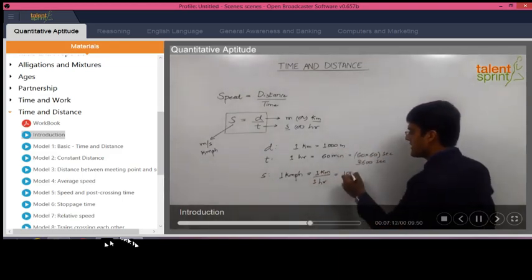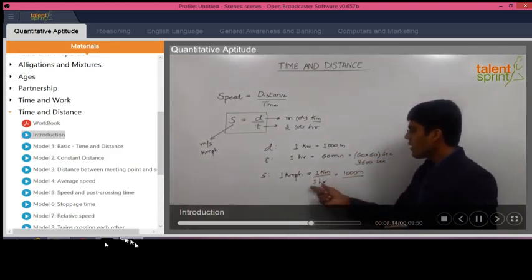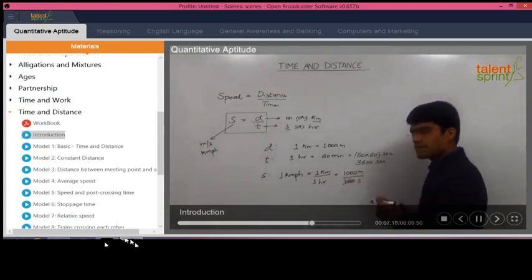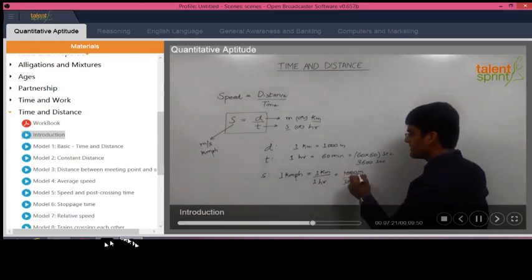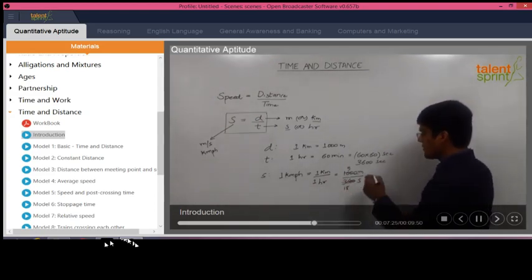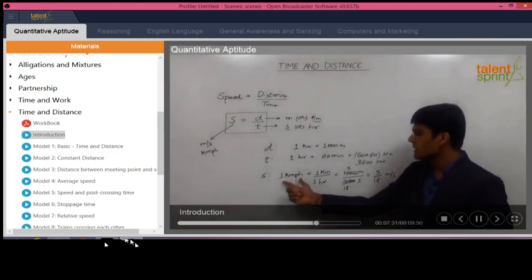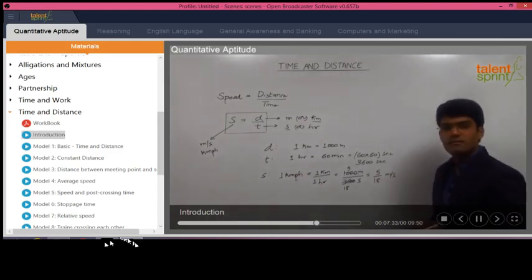So this can be taken as 1000 meters divided by 1 hour, which is 3600 seconds. If we simplify this, this is 200 into 5 and this is 200 into 18. So very clearly this is 5 by 18 meters per second. So 1 kilometer per hour is equal to 5 by 18 meters per second.